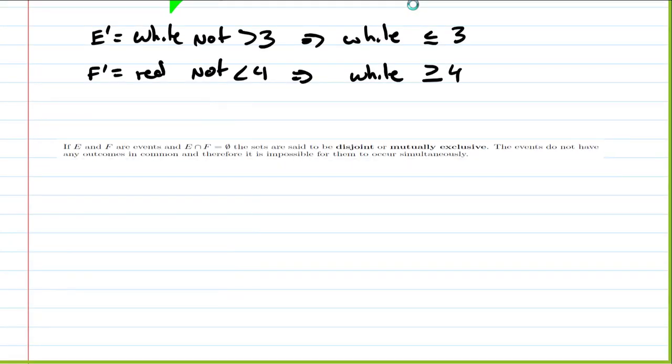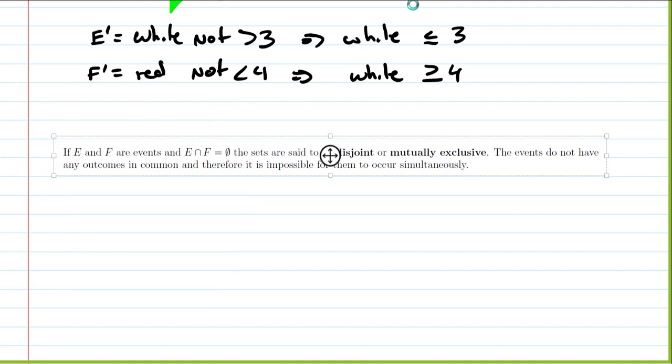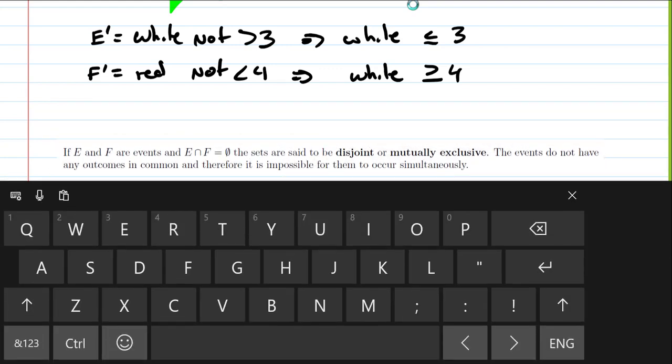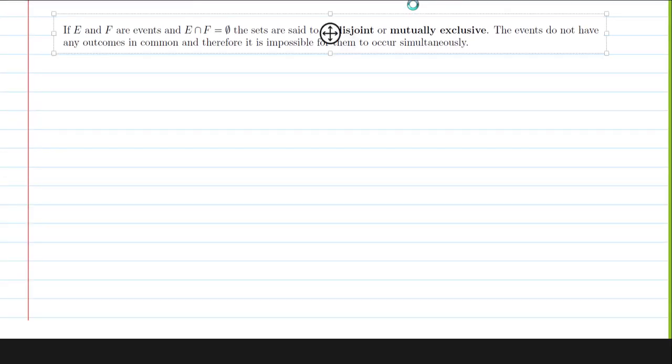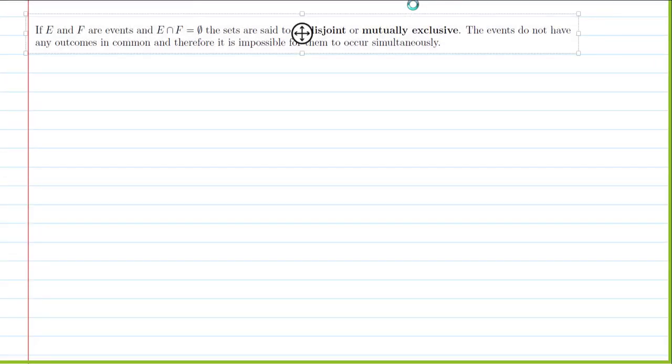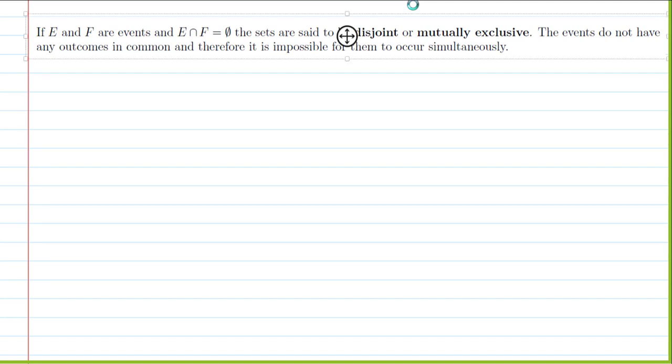So when two events have an empty intersection, or their and is equal to the empty set, it's impossible for them to happen at the same time. We call them mutually exclusive events.